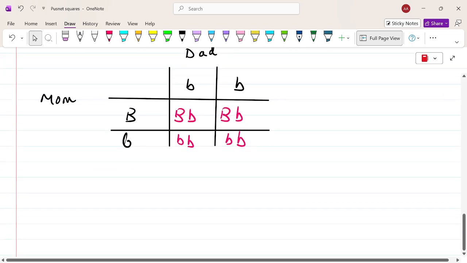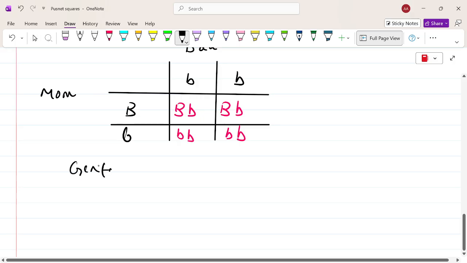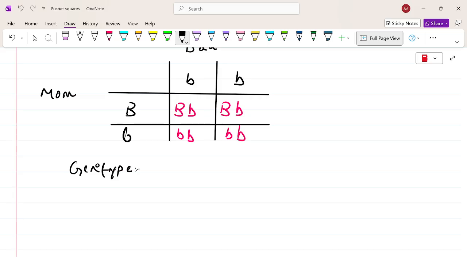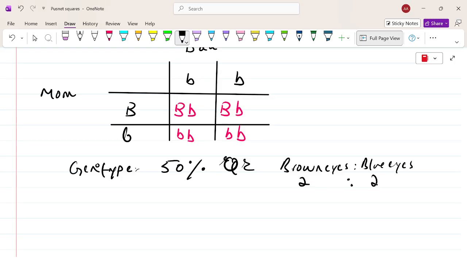So you see, now let's talk about genotype. So genotypically, the probability of the next child having the blue eyes will be 50%, okay, and we can also write the brown eyes to blue eyes ratio as 2:2, since two blocks have the brown eyes while the other two blocks have the blue eyes.